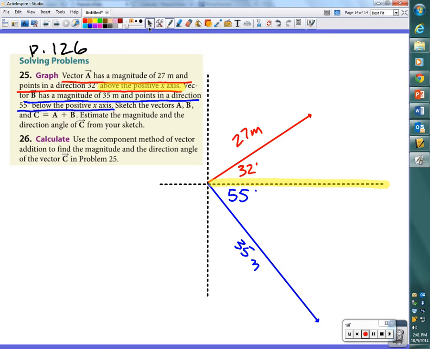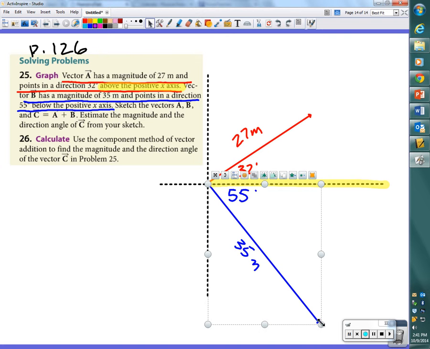So, I'm going to take B and move it there. Actually, here is one of those things where I get a do-over, right?